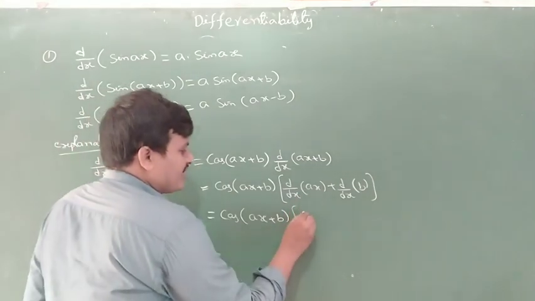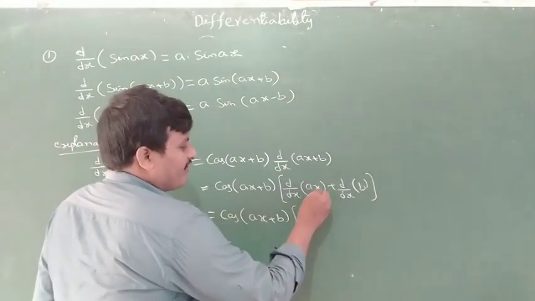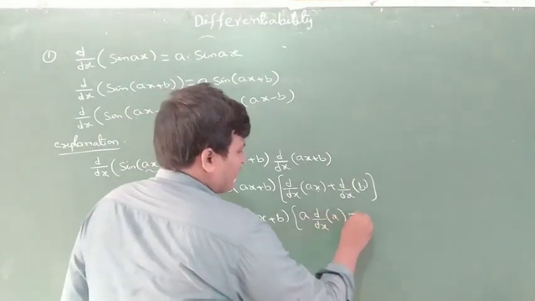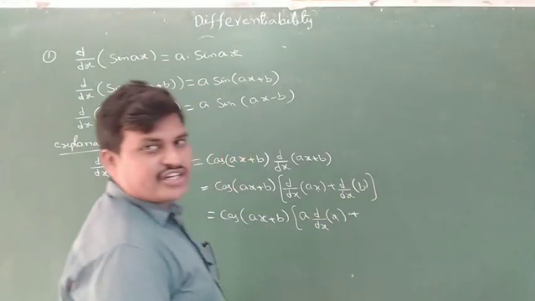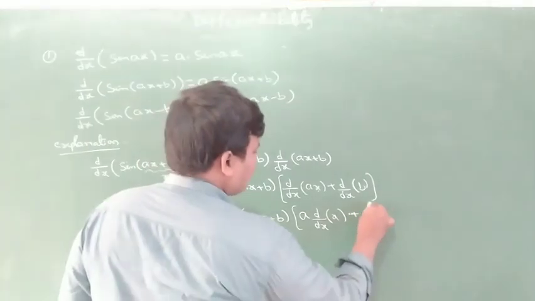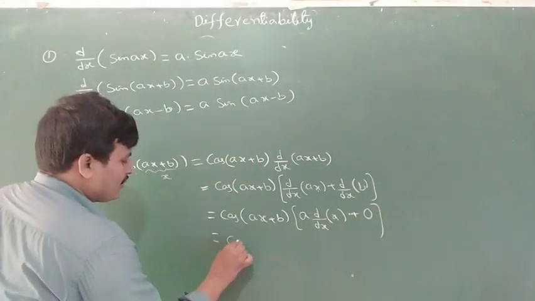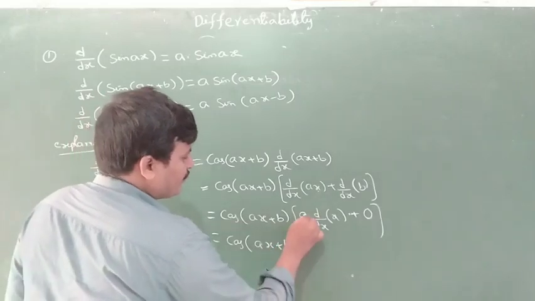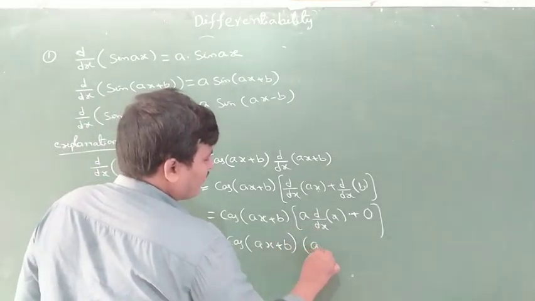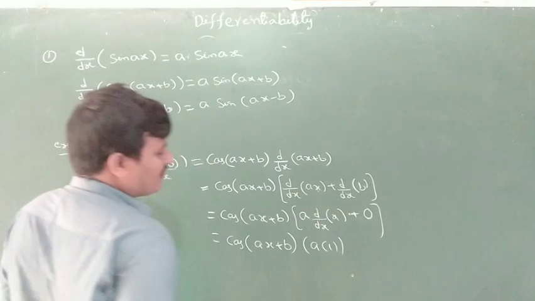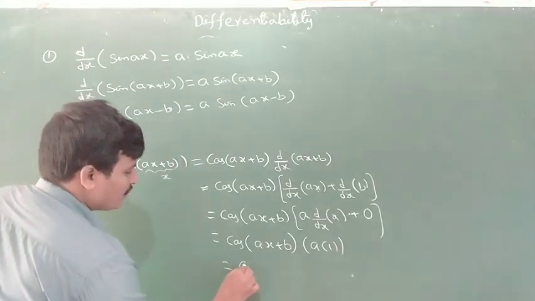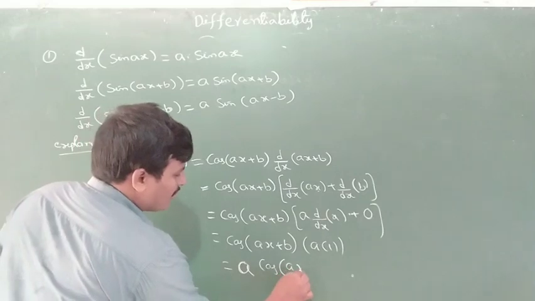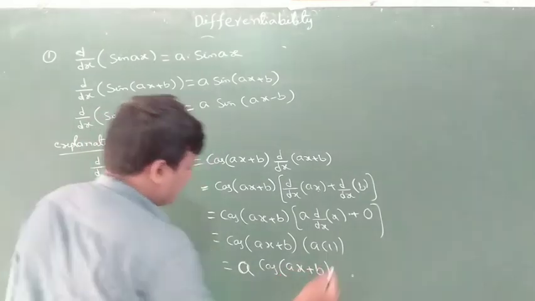So the constant is a, d by dx of x, plus derivative of b. b is a constant, so it is 0. So that is equal to cos of ax plus b into a into derivative of x, which is 1. So finally, a into 1 is a into cos of ax plus b.